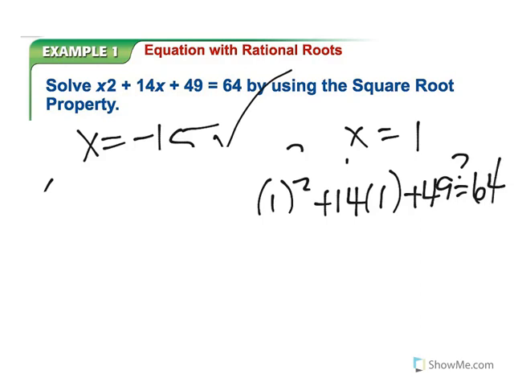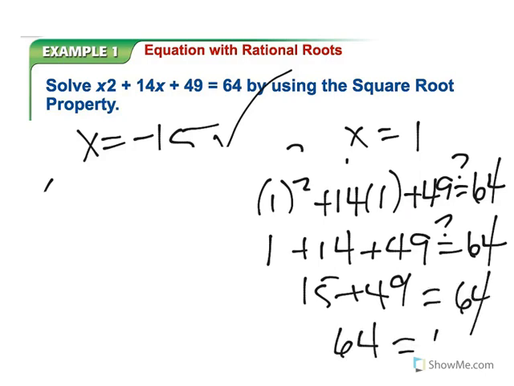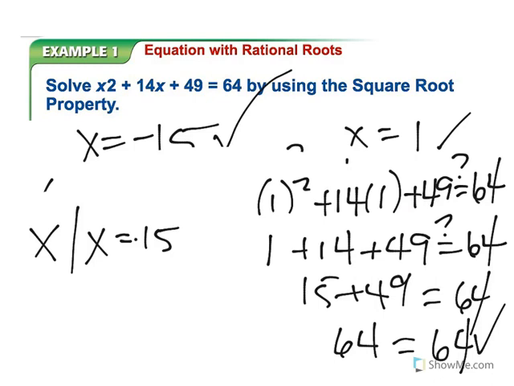We get 1 squared is 1, plus 14 times 1 is 14, plus 49. 1 plus 14 is 15 plus 49, and 15 plus 49 is 64. So 64 is actually equal to 64. So we know that these are both my solutions. So my solution set is x equals negative 15 and 1 with our curly brackets.